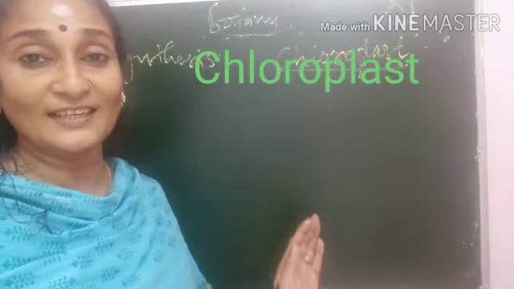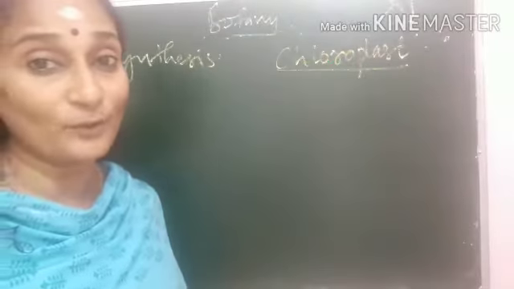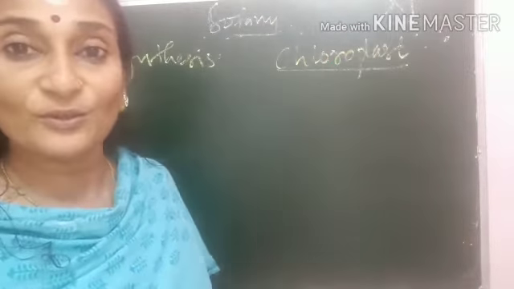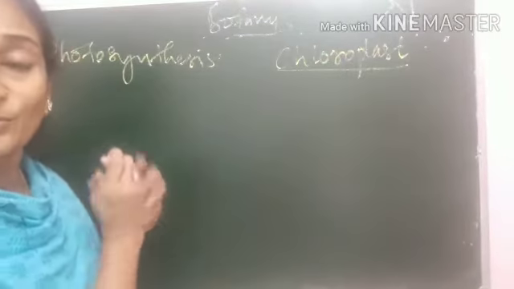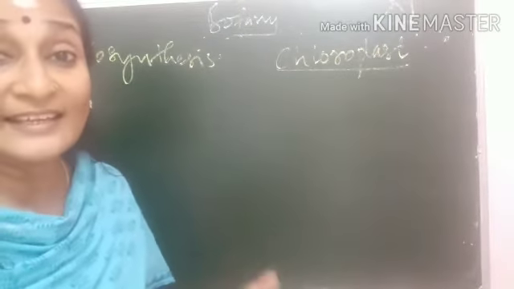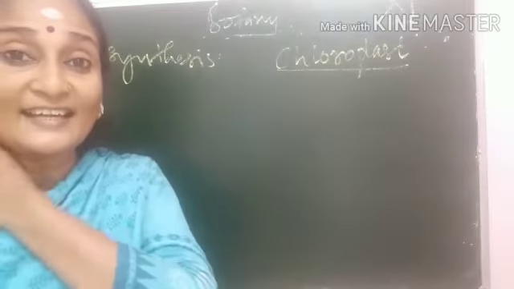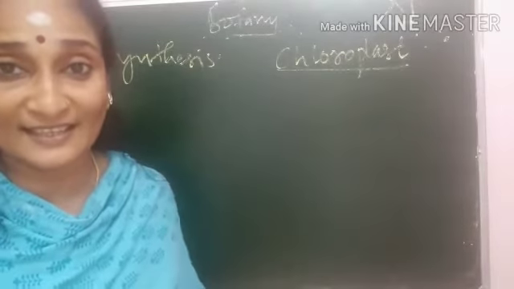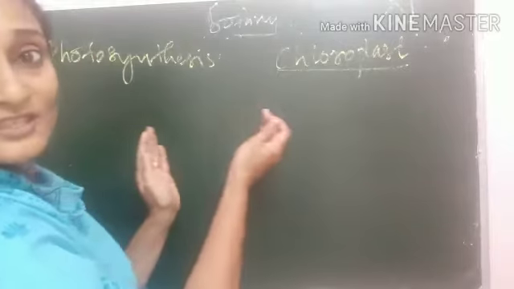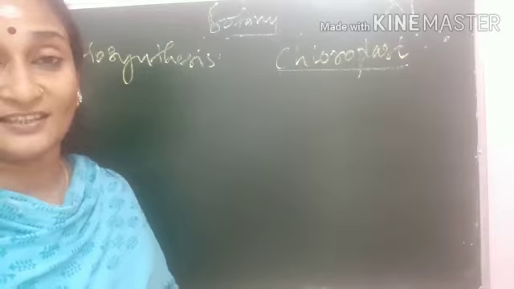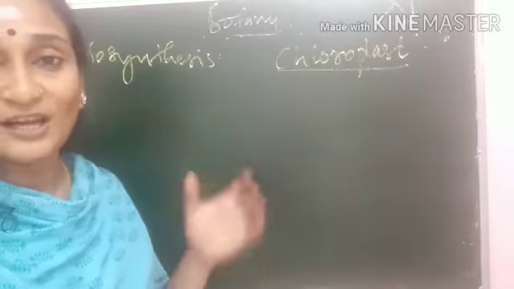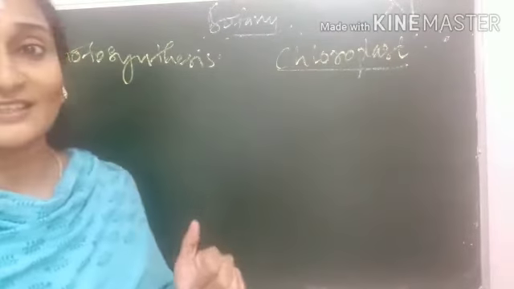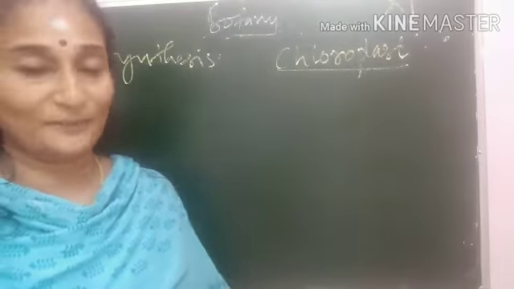Chloroplast is an organelle present in plants that helps in the synthesis of carbohydrate. For photosynthesis, light energy is needed. It is a light dependent reaction. Light is essential. Then how do plants get light energy? Let's see how this organelle gets light energy.